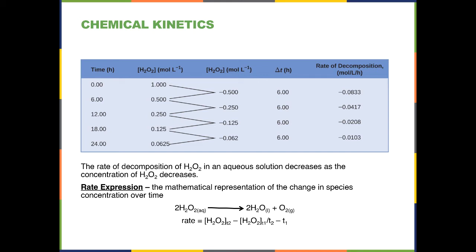The concentration at time 1 subtracted from the concentration at time 2, divided by the change in time, which would look like this. The rate would equal the change in concentration over whatever time period you are looking at.